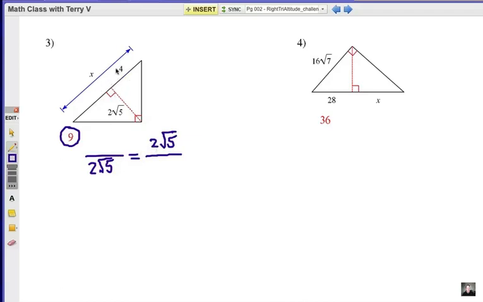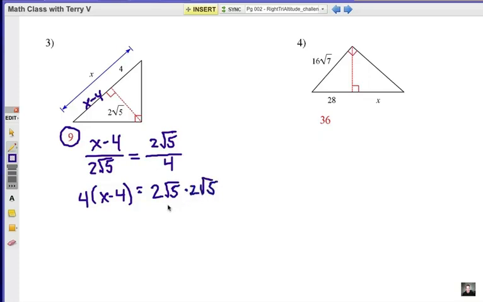Now, if this part's 4 and the entire thing is x, then we need to label this x minus 4. So that's what goes in the other two parts of the proportion, the x minus 4 part and the 4. So we are going to cross multiply. So we're going to get 4 times x minus 4 on one side, and then we're going to get 2 radical 5 times itself, 2 radical 5.